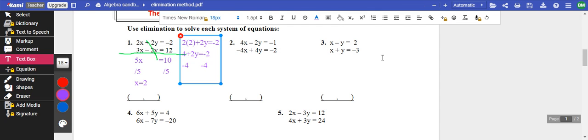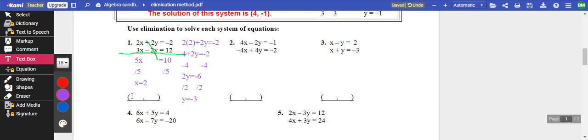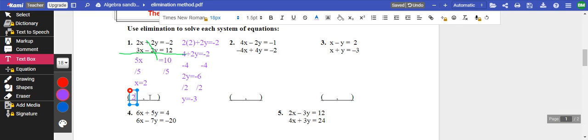Again, just solving this equation. And I get 2y equals negative 6. Divide by 2. y equals negative 3. So my answer, therefore, is 2, negative 3.